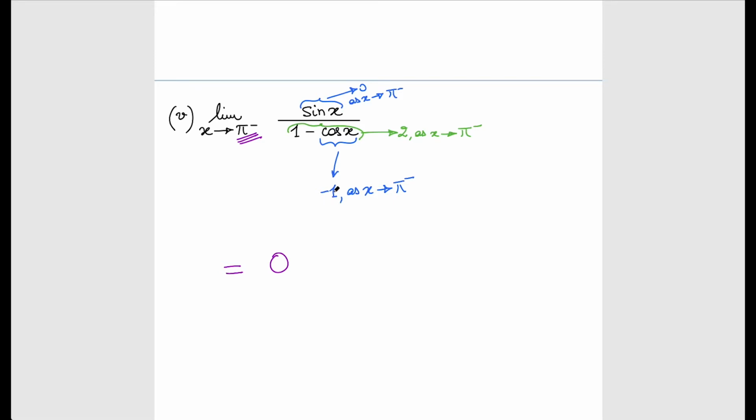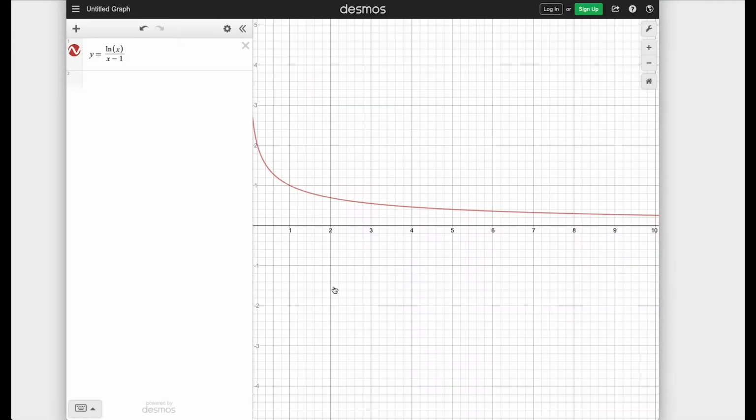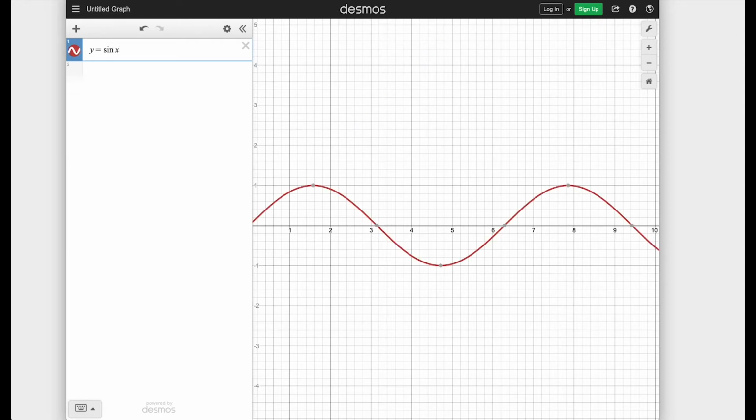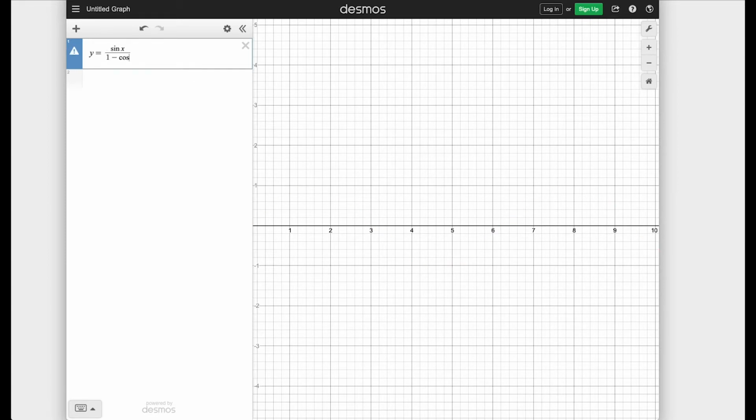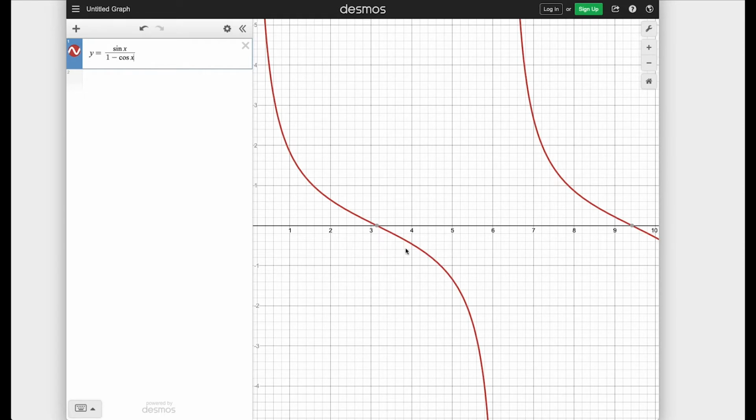Okay, so if we go to Desmos, the function here is y equals sine x divided by 1 minus cosine of x. Okay, and if you go to pi, which is approximately 3.14 or something, it's right there.